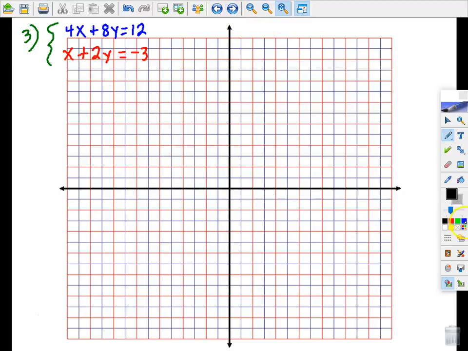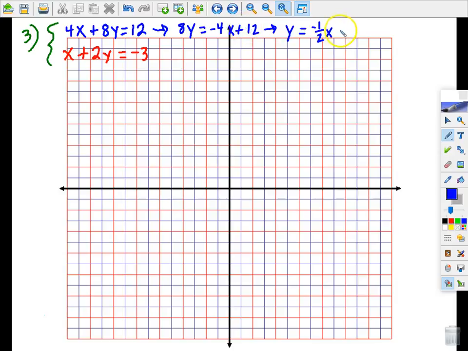Let's try this one. Let's start with the blue, and we'll get this solved for y, slope-intercept form. -4x plus 12, and then I'm going to either divide by 8 or multiply by 1/8. Either way you look at it, -4 divided by 8 is -1/2 x.